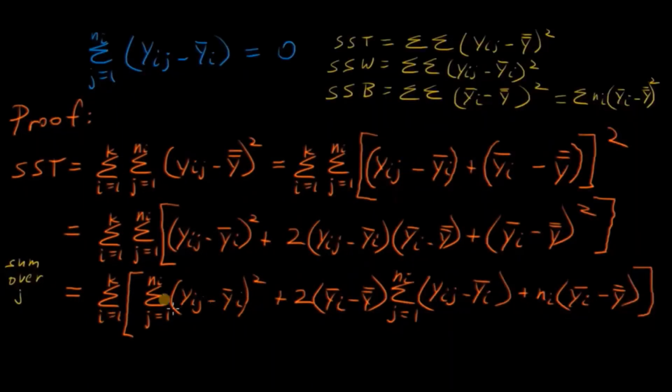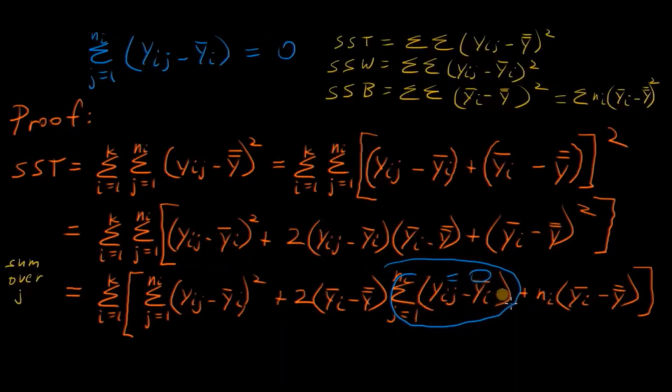Okay, so we can consider this expression having been summed over j, and the i is still waiting. Now we are just about done, because this right here is this thing, and we've already seen that it equals 0.